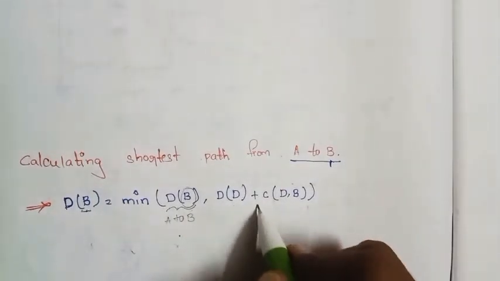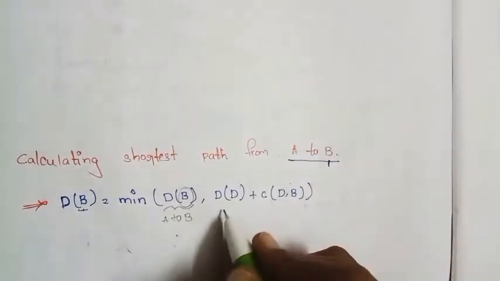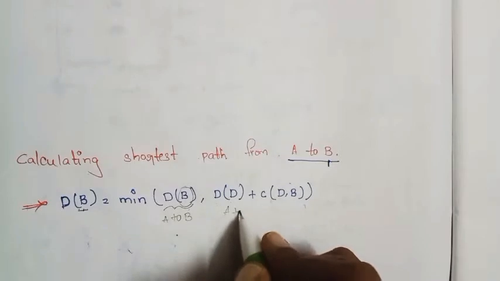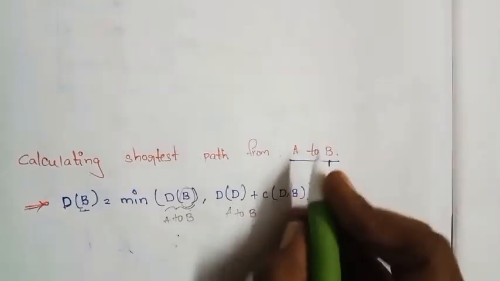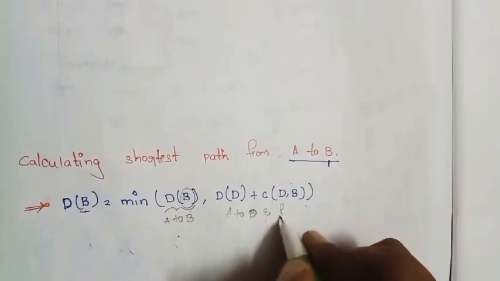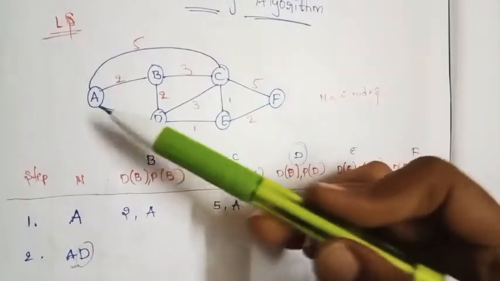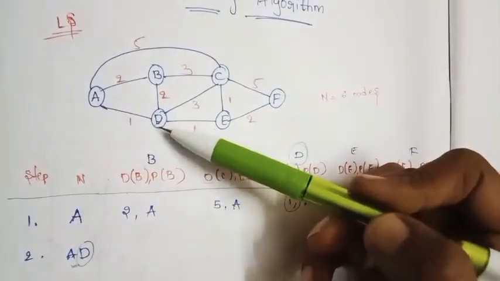Then D of D plus C of D comma B means from A to D, and from D to B. That is the cost, guys. So I am just representing it.